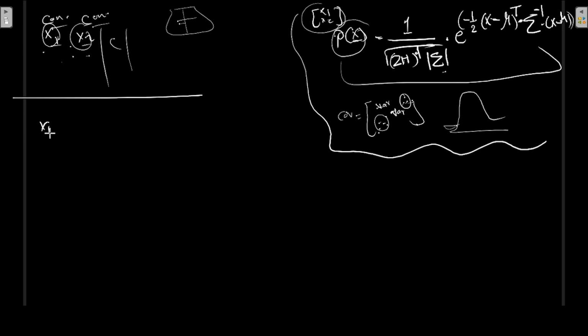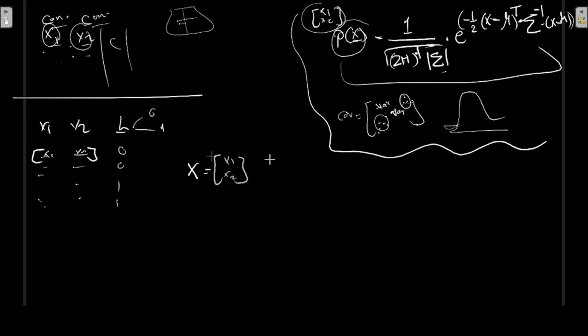Let's assume that I have x1 and x2, and again the label, binary label for now, zeros and ones. And the values here are continuous. I have to create this x vector, which is going to be this instance, x1 and x2. And next, I have to find out what is the mu of each feature. And the third one, I have to come up with the sigma. Well, the sigma is the variance of x1 and the variance of x2.